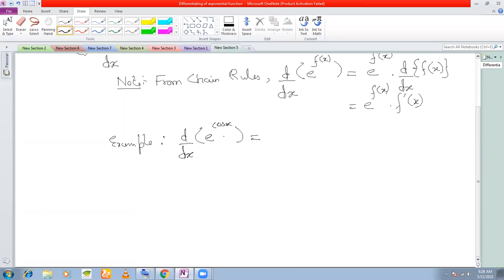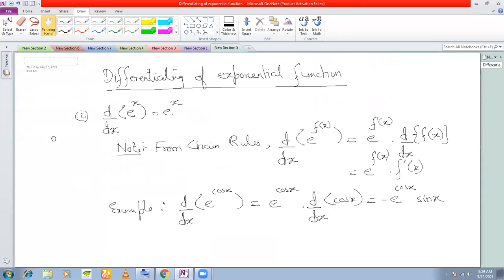Just as above, we first differentiate e to get e to the power of cos x into the d/dx of cos x, right? As above I have told you. Now d/dx of cos x is minus sine x. So you will simply get minus e to the power of cos x into sine x, and that is your answer. Okay, so that is how you differentiate this, and that was the first one.